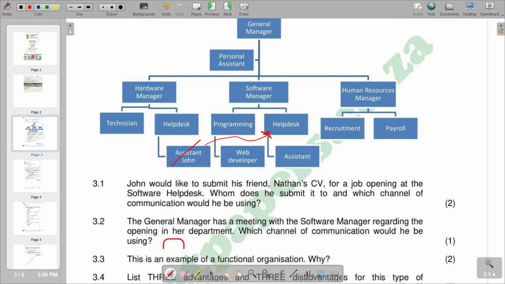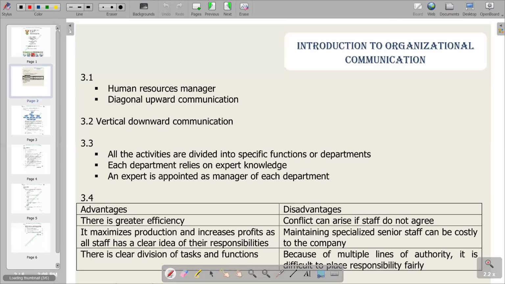So John is crossing, which means it's going to be diagonal as he's moving from one department to the other, but he is going to a higher level authority. So obviously it becomes diagonal upward communication. So our response is to direct it to the human resources manager, and it's diagonal upward communication.